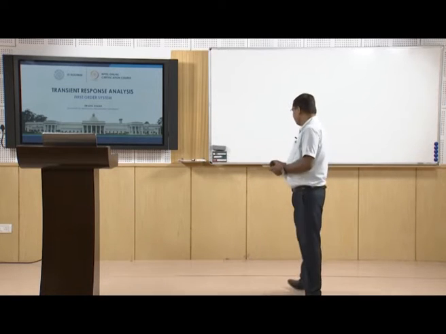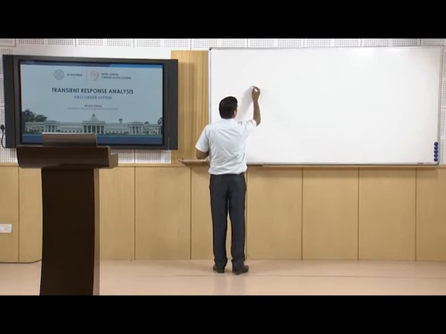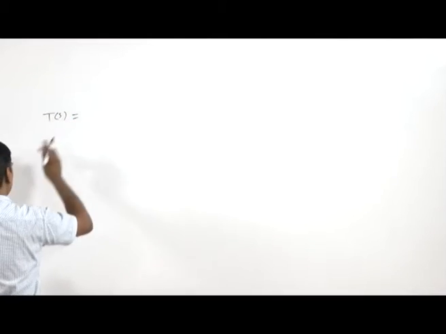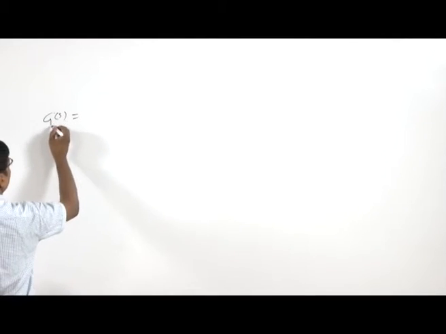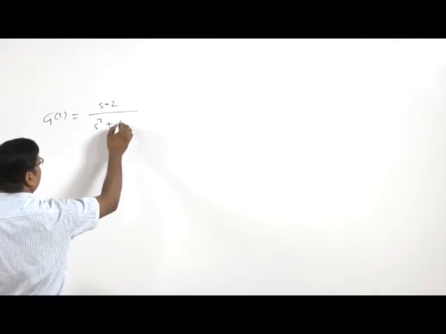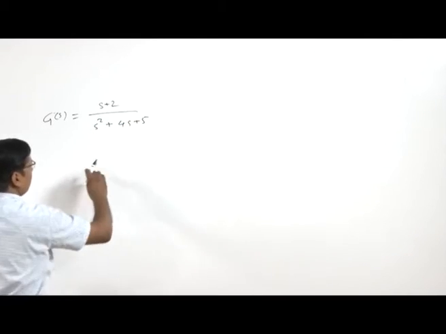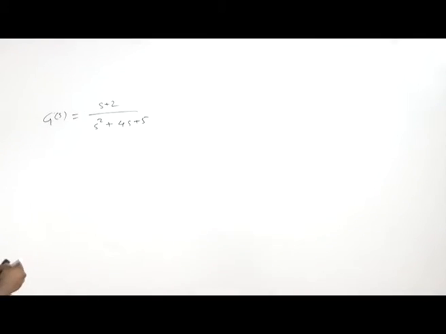So, for example, if the transfer function is such that the highest power of s is 2, this is a second order system.